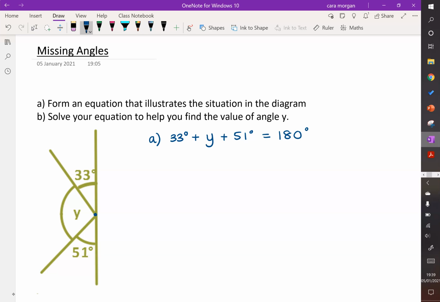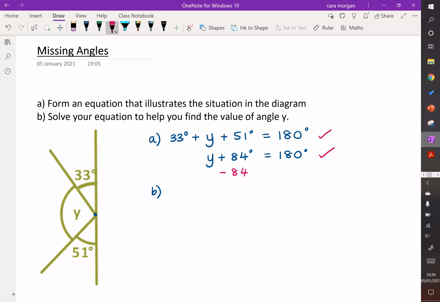I think I'd like to add the number terms on the left hand side. Y add 84 degrees must make 180 degrees. That's my equation. In fact, they're both right. They mean exactly the same thing. My final answer was simplified. My first answer wasn't.